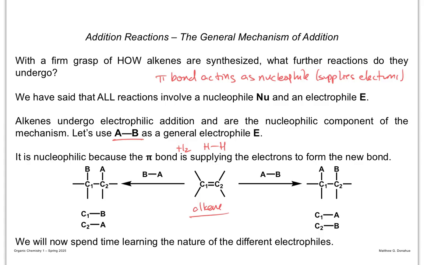For an electrophile like hydrogen, because both elements are the same, it's a little bit easier to predict the product because all you're doing is adding hydrogen to both. But if you're using an electrophile where they're different, now this issue comes into play. What carbon atom, 1 or 2, is getting which element, A or B?